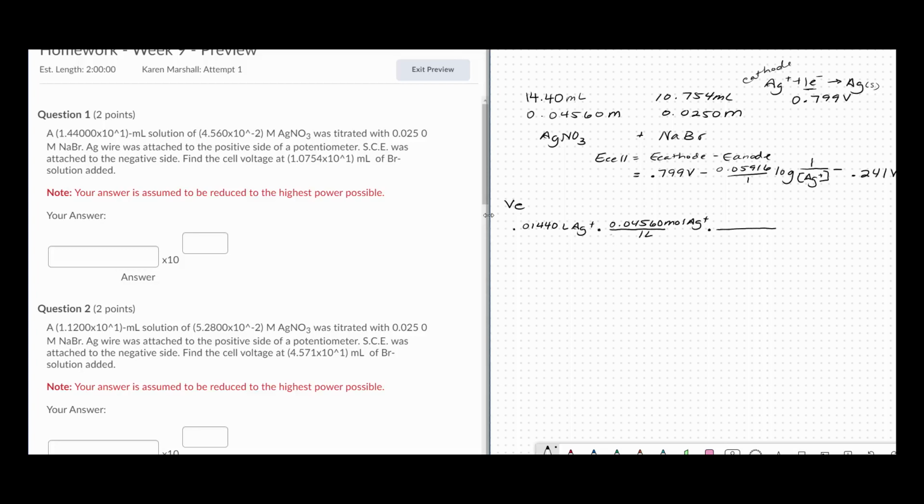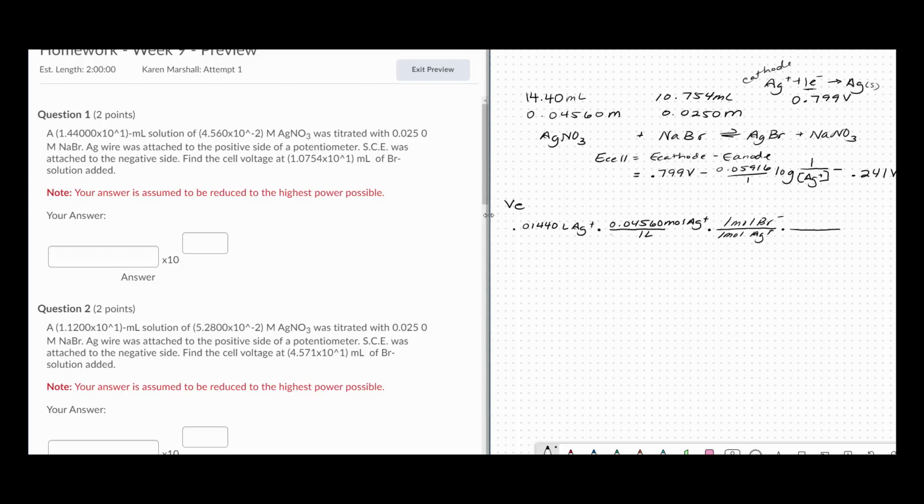And then I need the stoichiometry. In order to have the stoichiometry, I need to have my balanced chemical equation for the titration itself. So I will be making silver bromide and sodium nitrate. And we happen to have a 1-to-1 reaction here. So that means we have 1 mole of silver reacting with 1 mole of our bromide.